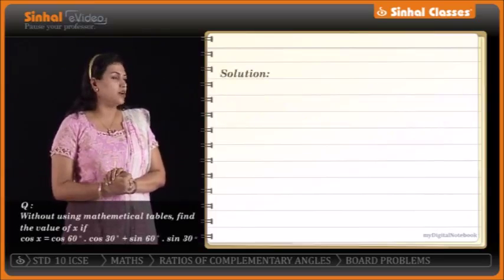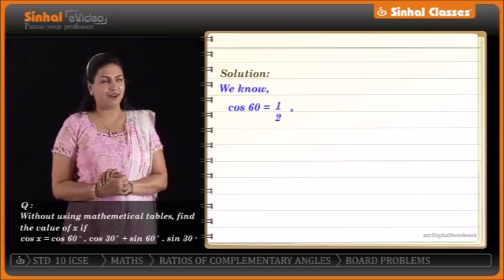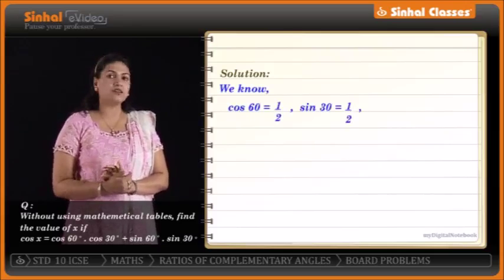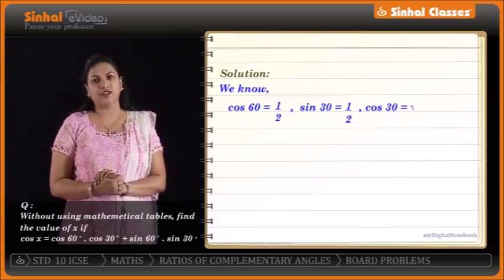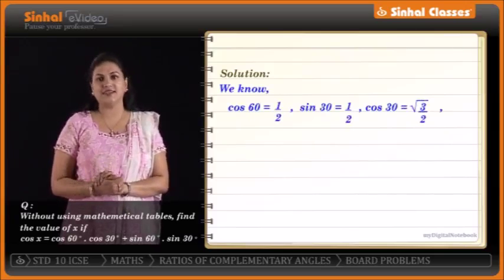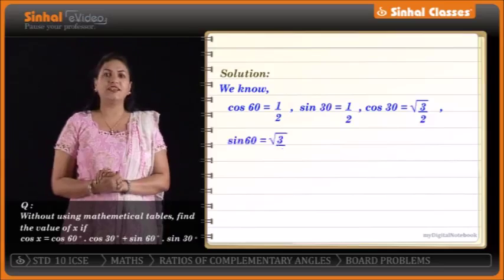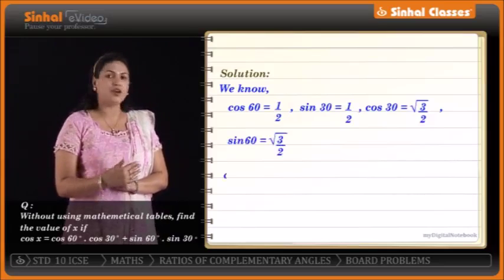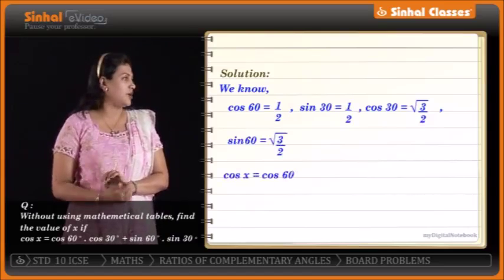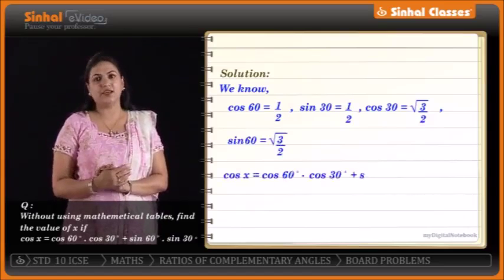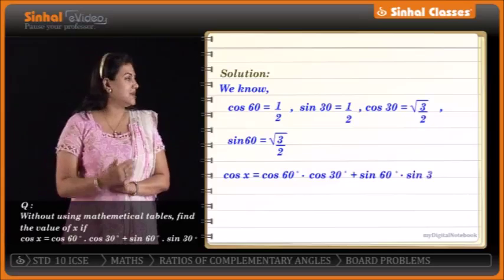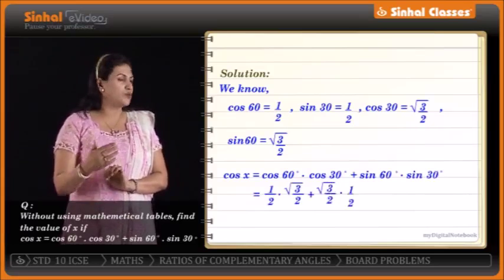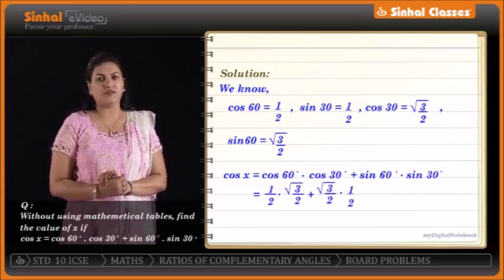We have cos 60 is half, sin 30 is again half, then cos 30 is root 3 by 2 and sin 60 is root 3 by 2. We substitute this to get cos x is equal to cos 60 into cos 30 plus sin 60 into sin 30 as half into root 3 by 2 plus root 3 by 2 into half.